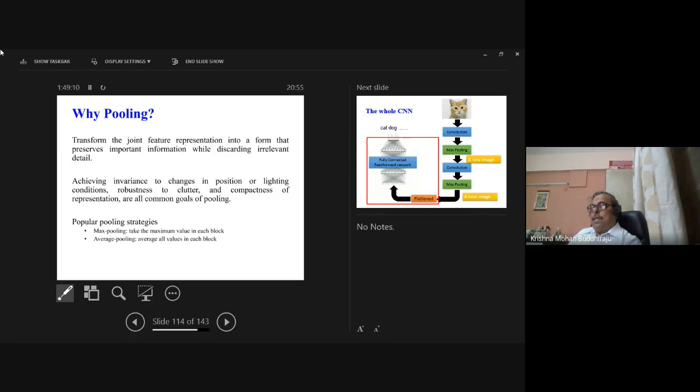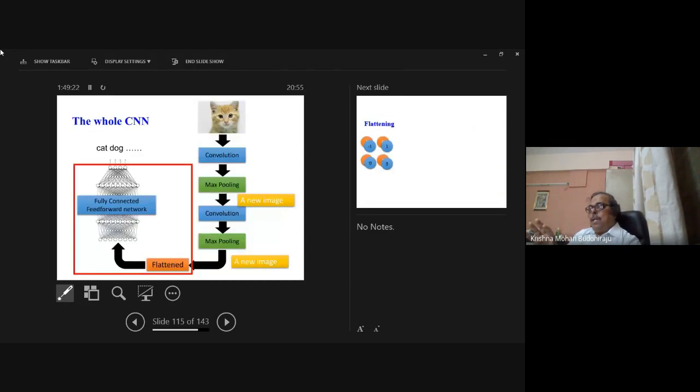So the pooling step is introduced with convolutional neural nets so that you can make the data more homogeneous by combining whatever values are generated through the convolution stage.